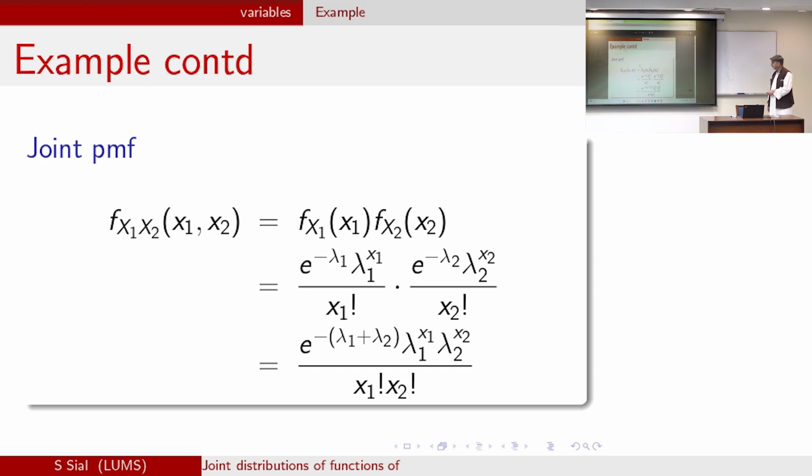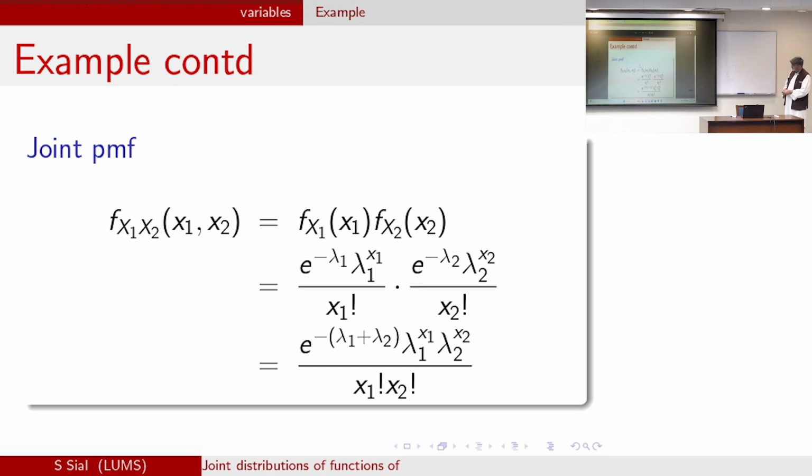Okay. So for the PMF for x1 and x2, remember these were independent. When you have independent random variables x1 and x2, their joint PMF is the product of the marginal PMFs. So this is just the product of the PMF for x1 and the PMF for x2, due to statistical independence of x1 and x2. Now, we were told that x1 was Poisson with rate lambda 1, and x2 was Poisson with rate lambda 2.